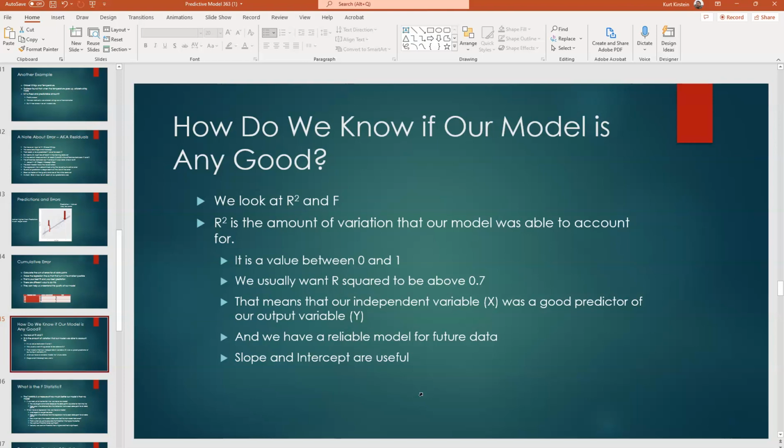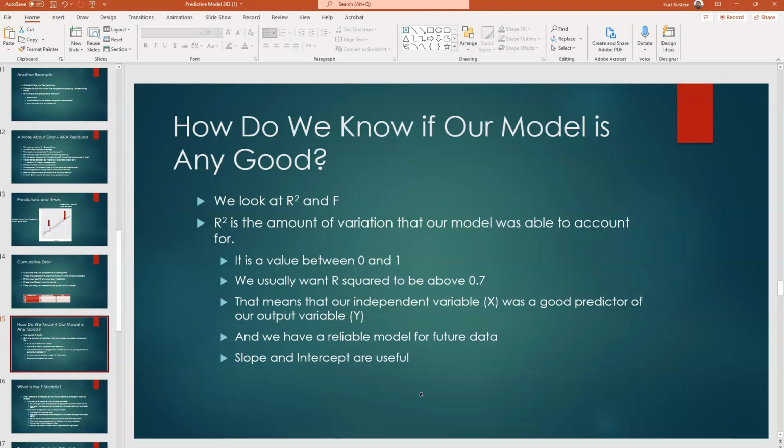So if we get an R squared like 0.8 or 0.9, it means that the independent variable was able to account for the variation in the dependent variable at a very high rate. And so we have a really good model. We're dealing with a very strong way of being able to predict prices. The other one is F, and that is an F statistic. What the F statistic does is it tells us how much better our model is than if we were to have used the average.